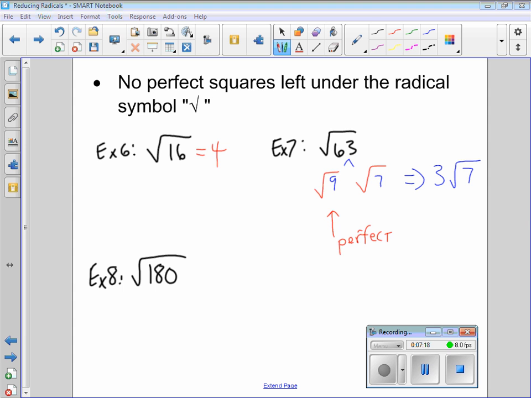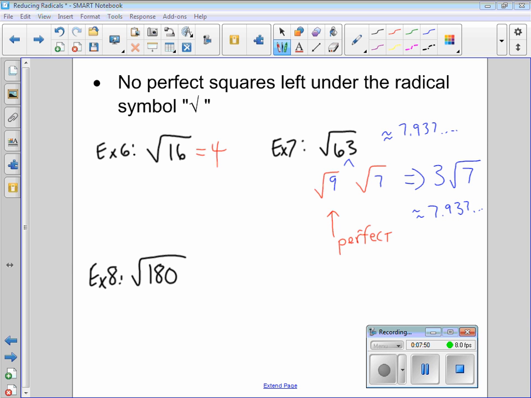Now, if I wanted to see if I did this right, I would take the square root of 63, and when I do that, I get a number that's approximately equal to 7.937, and so on, okay? So then I take 3 times the square root of 7, the final result that I got, and I get approximately 7.937, and so on, same number.